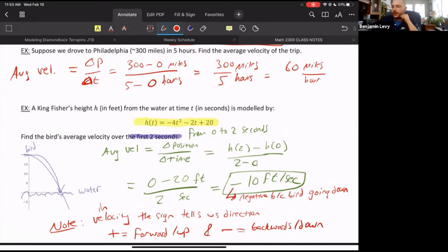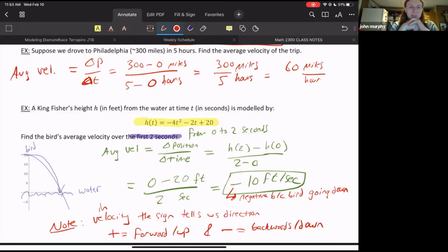Well, what I'm confused about is that in the first example you say 300 minus 0, and in the second one 0 minus 20, but they're both starting from 0. In the second example, they're starting at 20 actually, right? The bird's in a tree or something and it's diving into the water. Oh, okay. They're on different planes. One's on the X, one's on the Y.